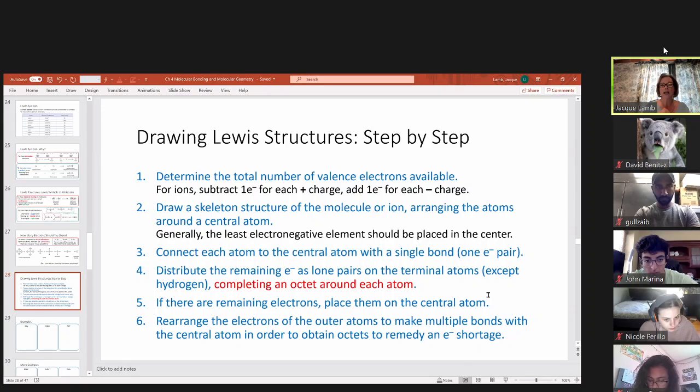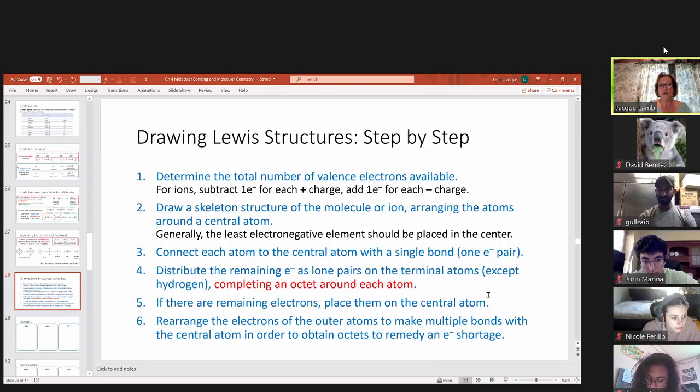The final thing that you should do is check to make sure everybody has an octet and then count your electrons. I can't emphasize that enough. You can create all kinds of structures that look legitimate, but if it has more electrons than what you started with, or fewer electrons than what you started with, the structure can't be right.